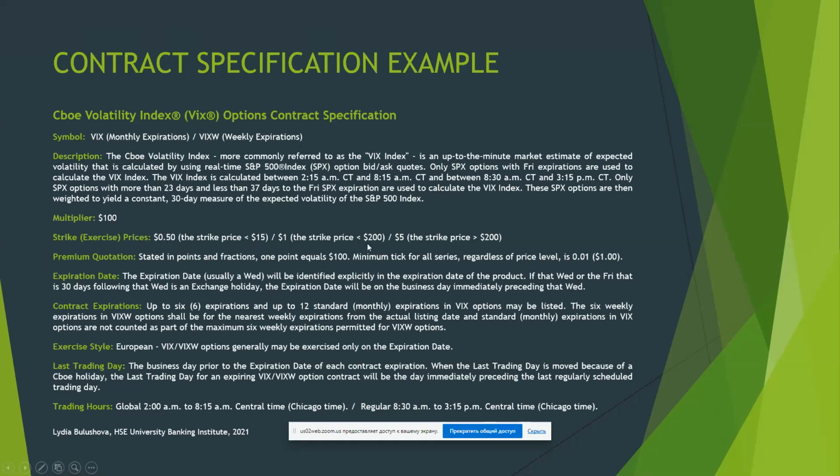If the price is between 15 and 200 US dollars, the strike step is $1, and for prices above 200 US dollars, the strike price changes with a 5 US dollar interval.